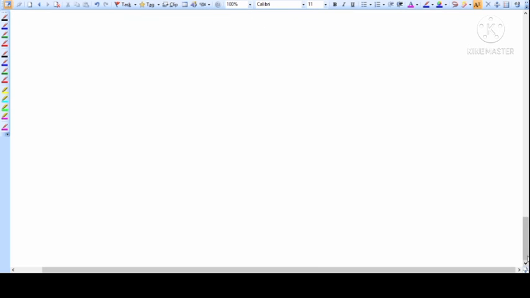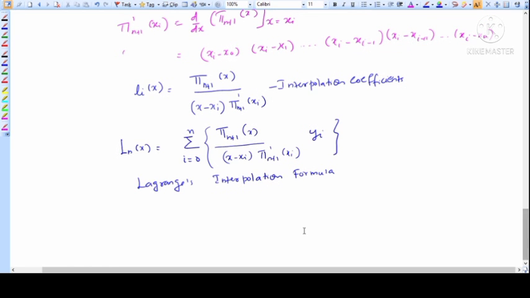We can also find the inverse interpolation to find Ln of y. What is Ln of y? Using y values we can find the polynomial in x.